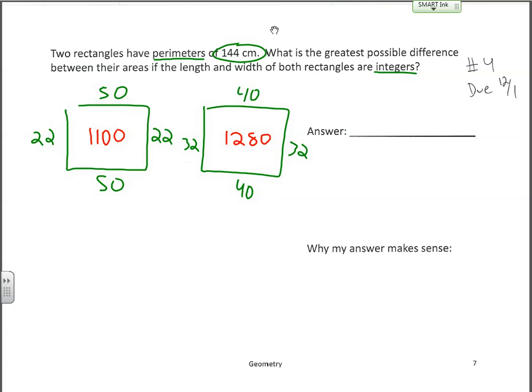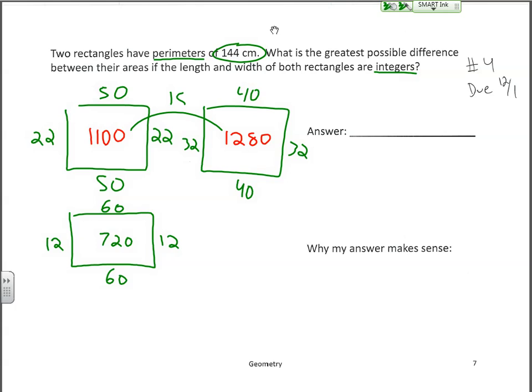So let's see what happens here. I'm going to keep my second rectangle the same, and redraw the first one. Instead of 50 and 22, I'm going to go 60 and 12. How is increasing that length from 50 to 60 going to affect the area? 60 times 12 is 720 area, which is a bigger difference than I had with my 50 and 22. That difference was only 180.